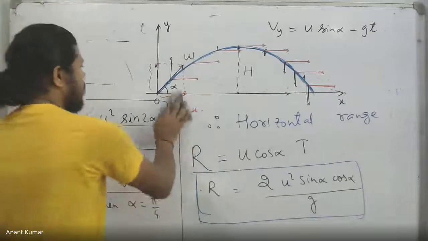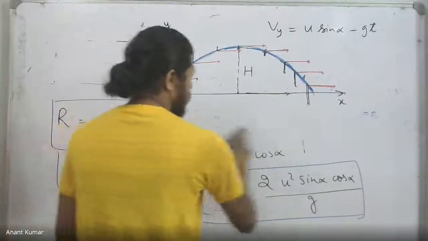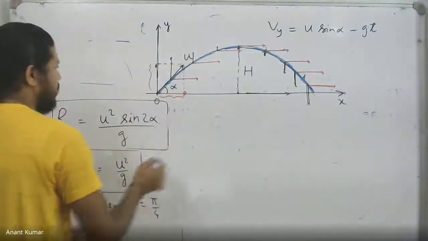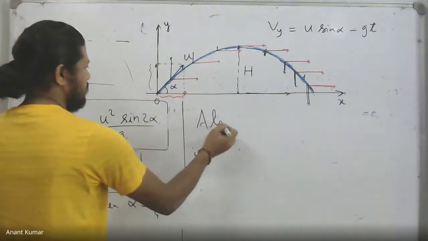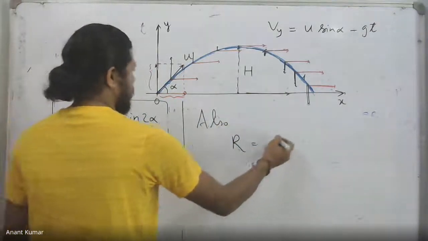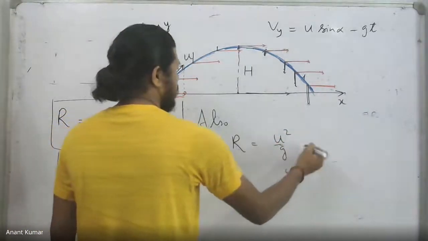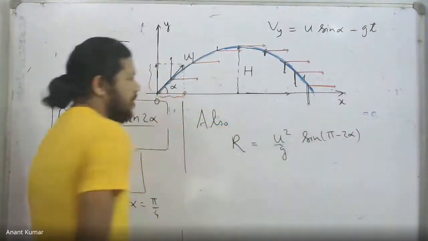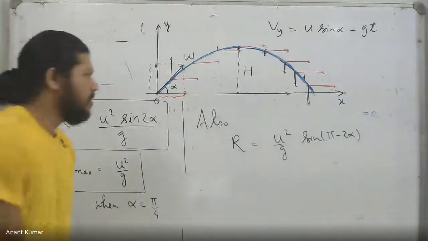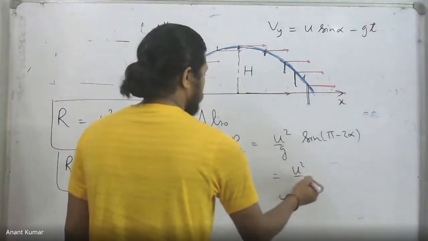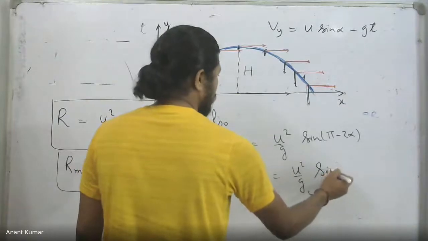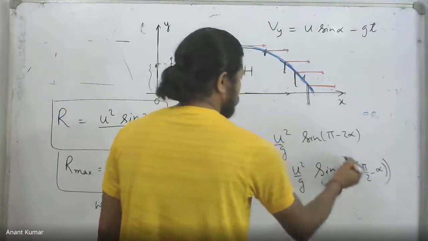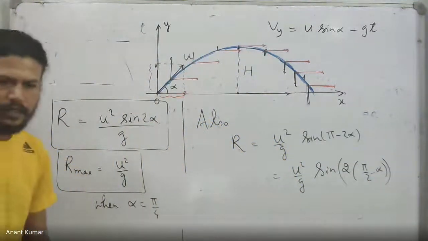Apart from there, you can also see in this case that the range can be also written down. The range is the same thing as u squared by g times sine of pi minus 2 alpha. Sine theta is the same thing as sine of 180 minus theta, and then I can just pull out 2 common, I get pi by 2 minus alpha, which I could write as sine of 2 beta, for example.